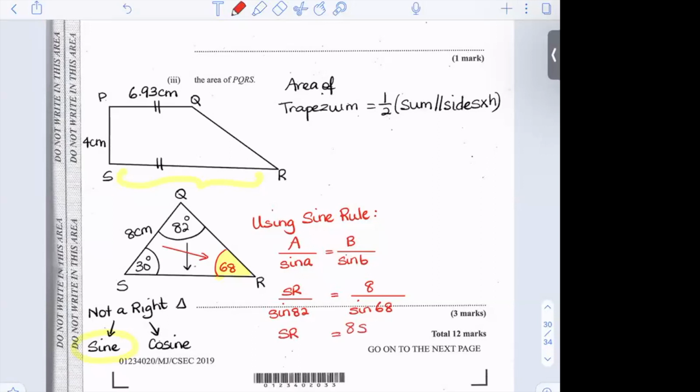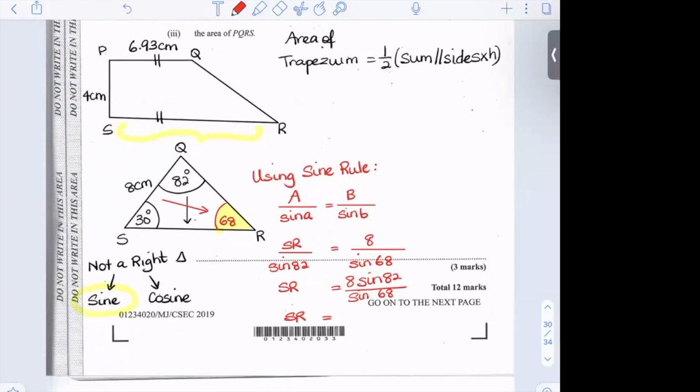SR is 8 sine 82 over sine 68. Work it out. To 2 decimal places.